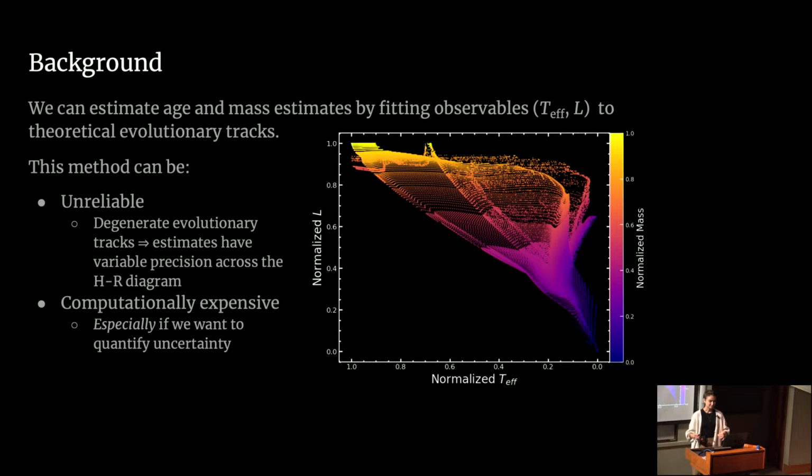However, this method can be a little bit unreliable because you might see that these evolutionary tracks all cross each other, or they're very degenerate, particularly in certain areas of the HR diagram. And in these regions, we're unable to get as precise of age and mass estimates. Additionally, if we want to quantify the uncertainty in our parameter estimates, we have to implement very computationally expensive probabilistic methods that scale poorly as our data sets get larger.